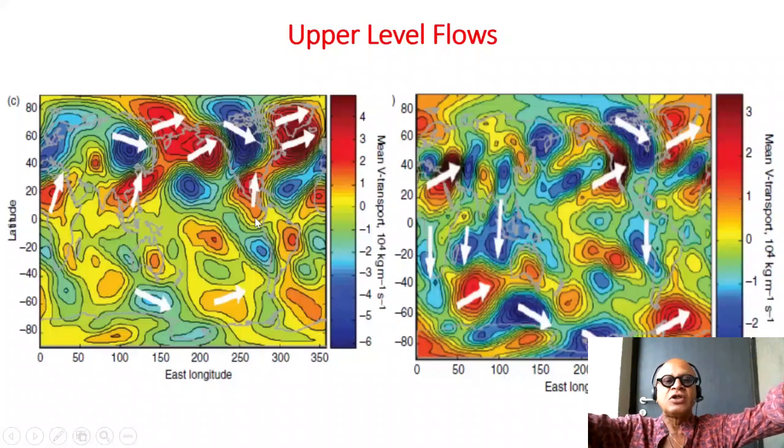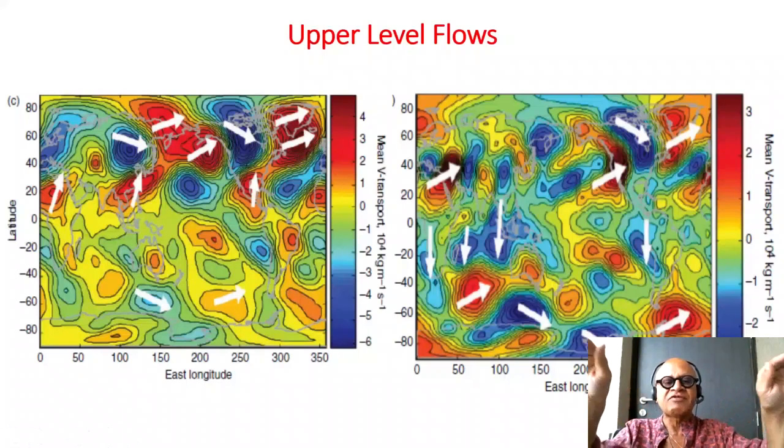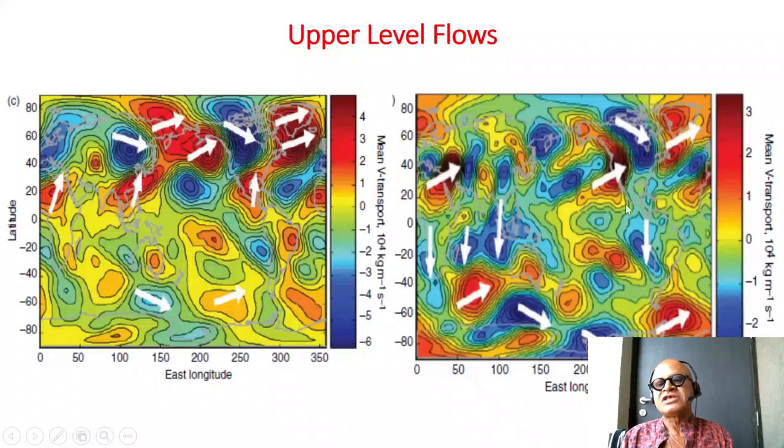So in the lower level you have convergence, in the upper level you have divergence, so generally weaker. But you can see that in the boreal summer months, when the gradient is stronger here, you see stronger westerlies here and more wobble, and weaker westerlies here with the whole system becoming weaker.